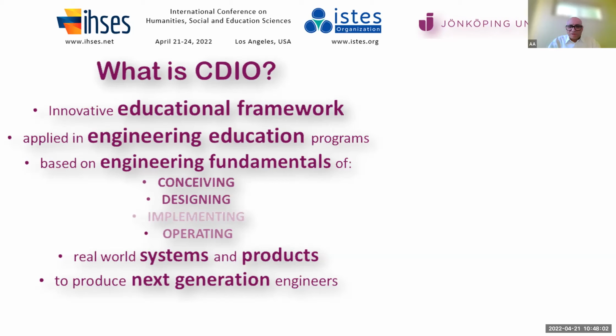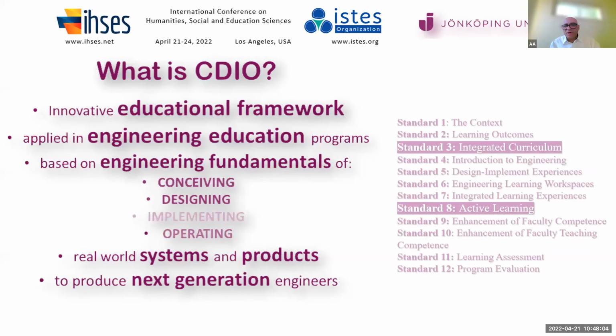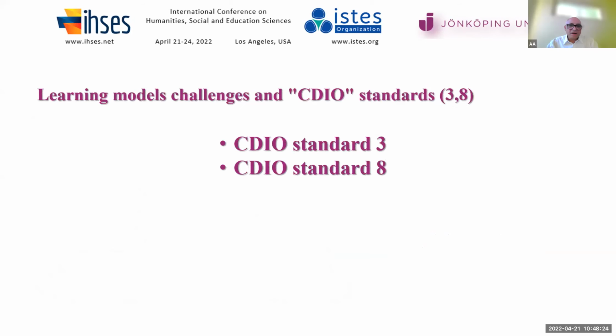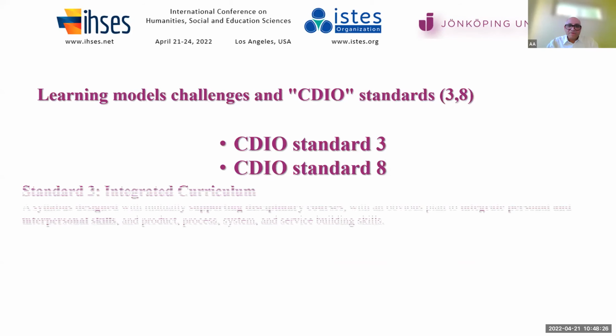So they work with these four aspects. Here appears one thing we call standards. CDIO has 12 standards. In our situation, we will take just two: standard 3 and standard 8. Standard 3 relates to the integrated curriculum, and standard 8 to active learning.